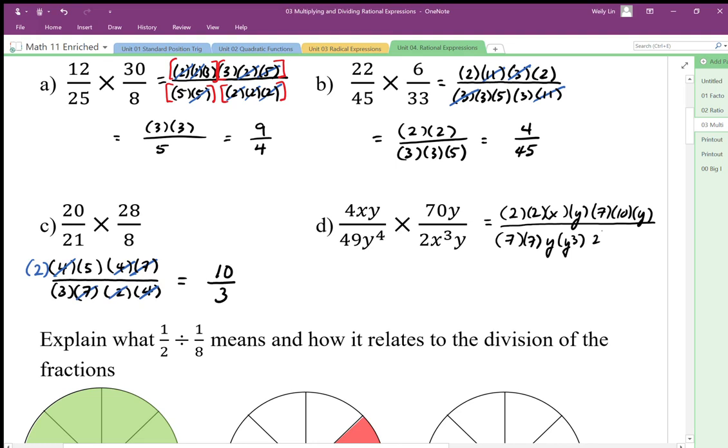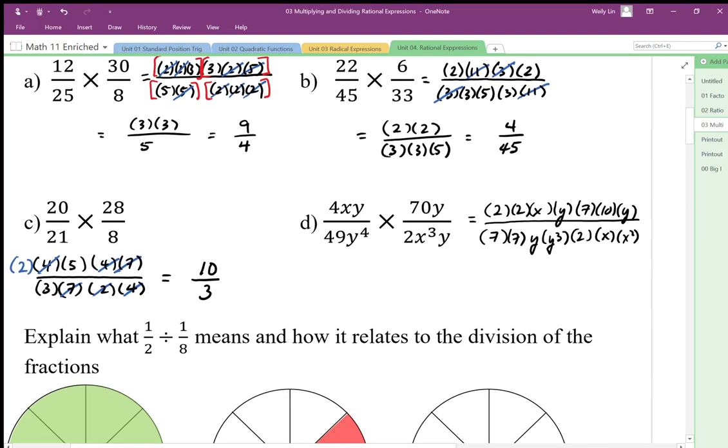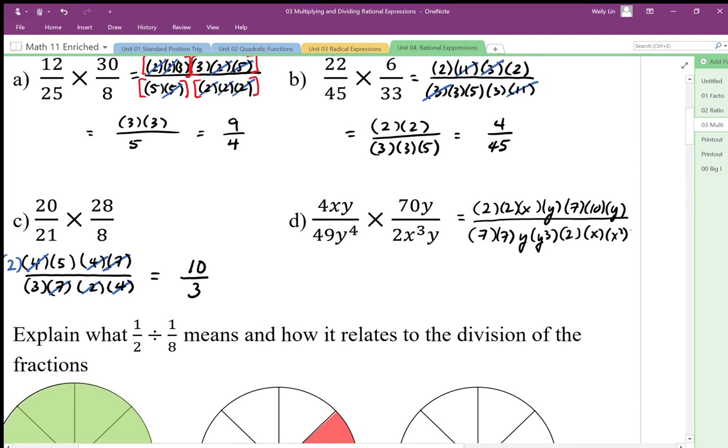I've got a 2x times x squared, because I can see that that x will cancel with that one, and I've got the y here, which will cancel with the one on top. Now it starts to get a lot of factors, so we have to be very organized to keep track of everything. So I've got a 2 times 7 divides 7.